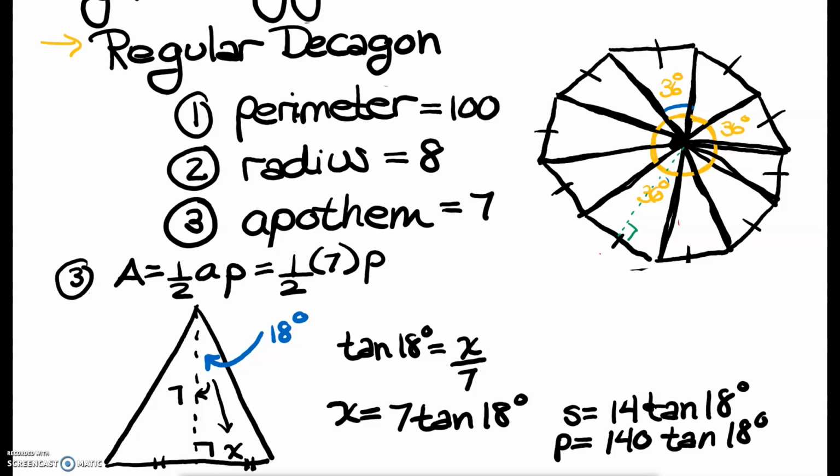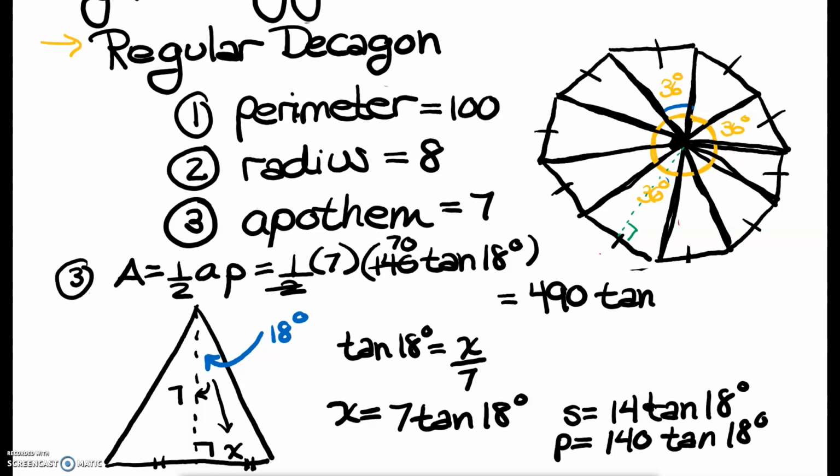So I'm going to replace my perimeter with 140 tangent of 18 degrees. When I reduce that, I get 70. Now when I multiply everything out, I get 490 times the tangent of 18 degrees, and that will be my final answer. You can always plug that in your calculator.